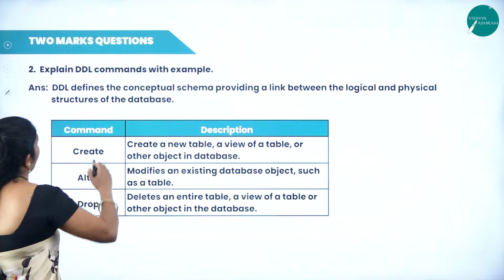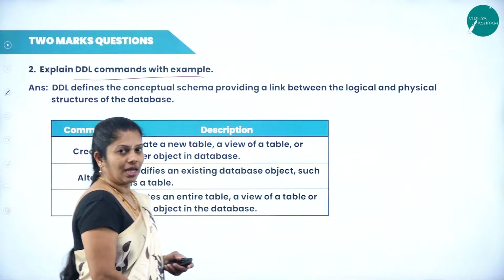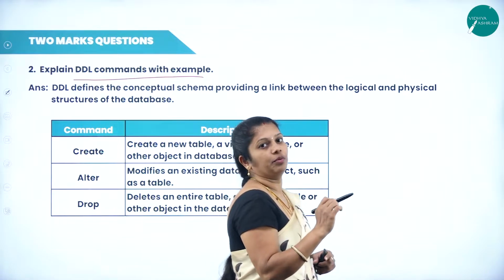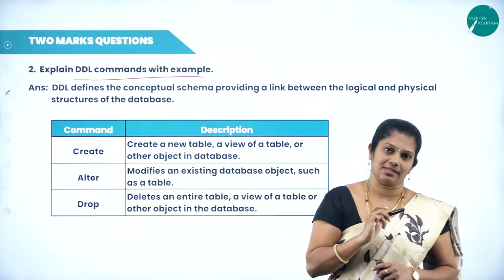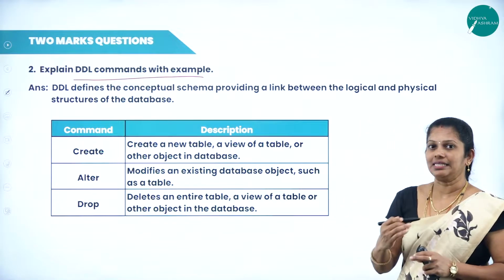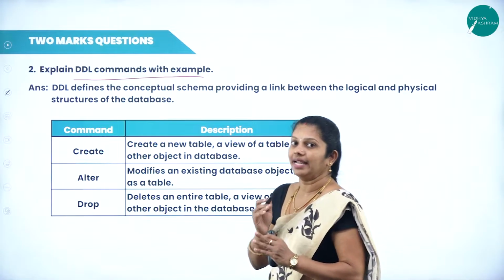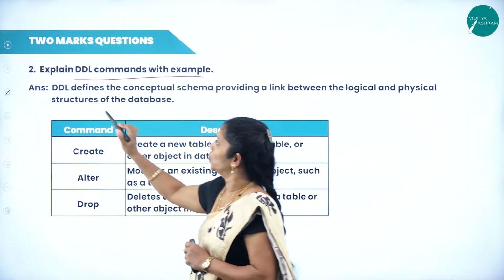Next, when you come to explain DDL commands with example. Under that, compulsorily, you have to mention what you mean by DDL first. Then which are the commands under that. Then how to write the syntax and example you have to write here. When we come to DDL commands, that is data definition language.